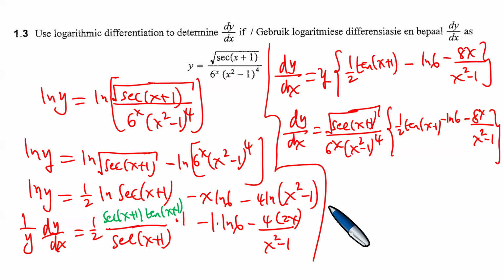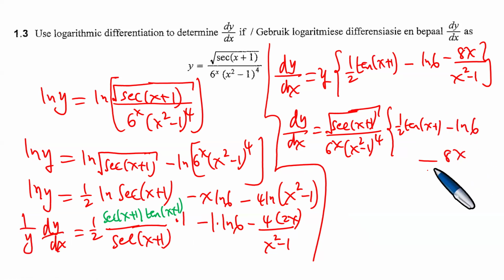Right, this is what we have. But now, please note that this is not a power. Write things properly. So this is minus ln 6 minus 8x divided by x squared minus 1.